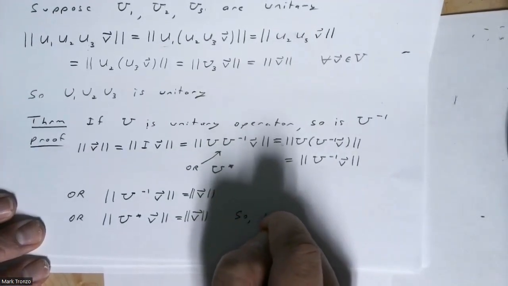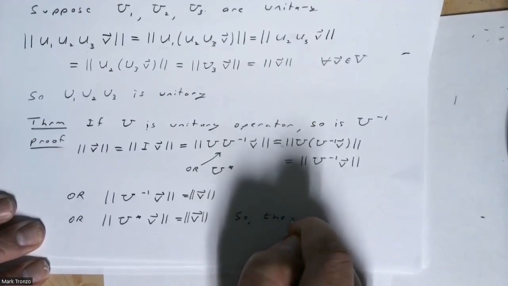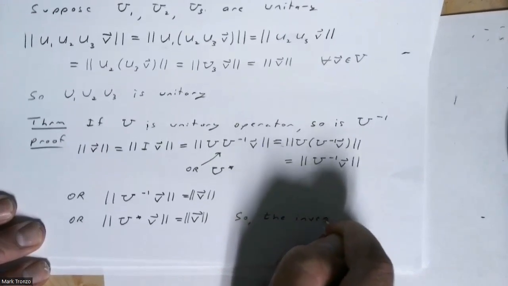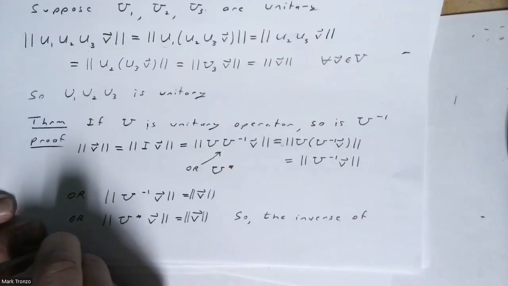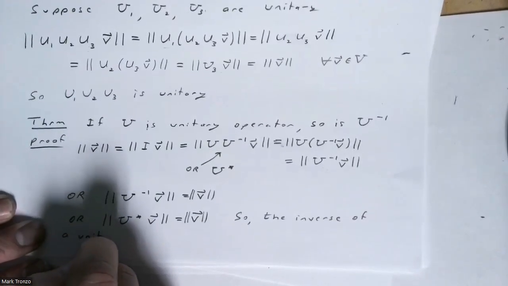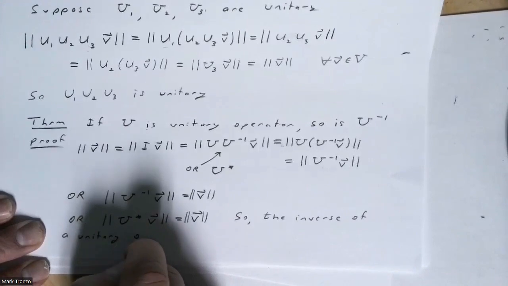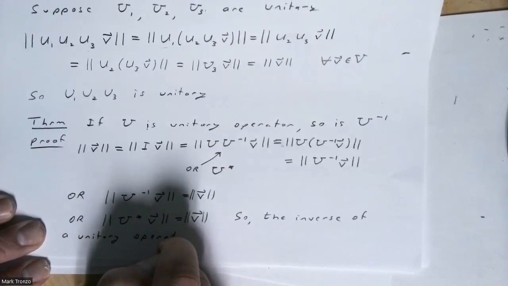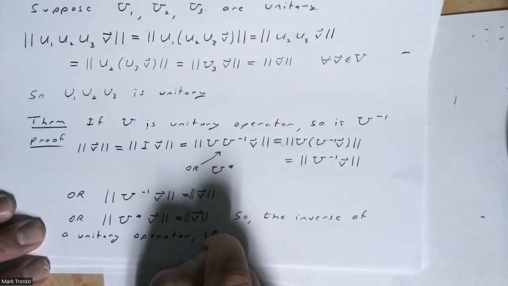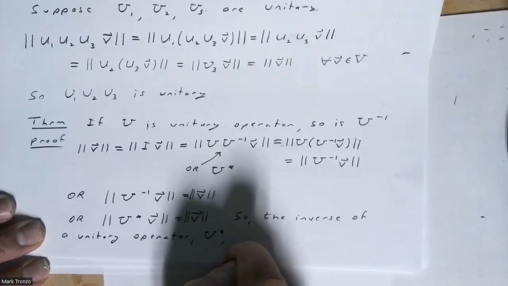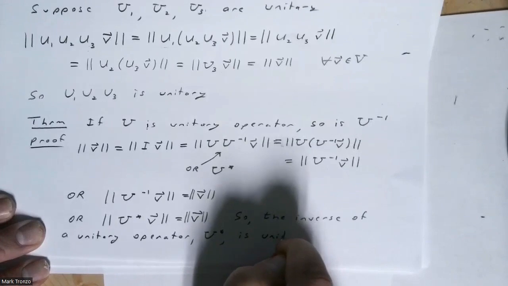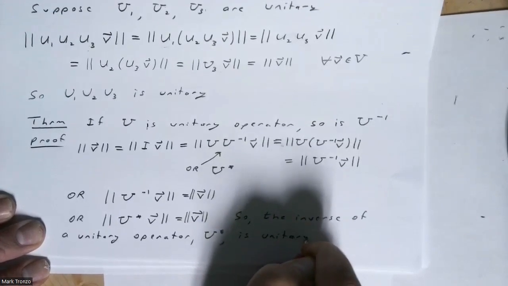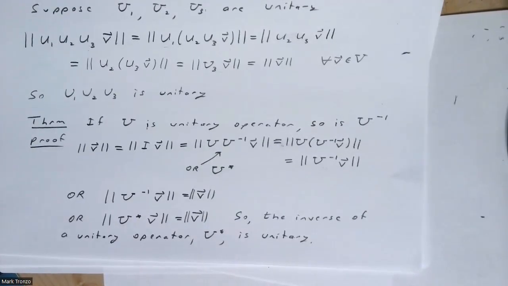So the inverse of a unitary operator, and again, for unitary, that's the adjoint, is unitary. That's something that could be important later.